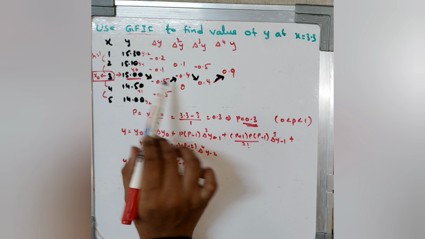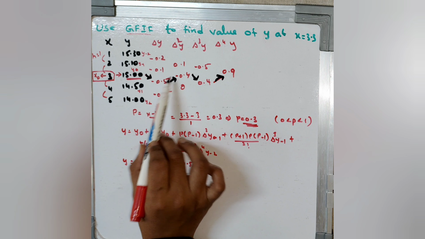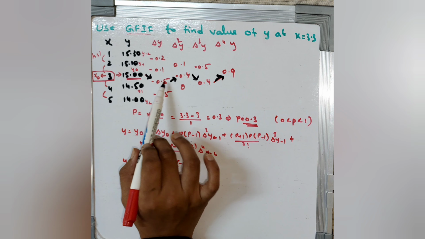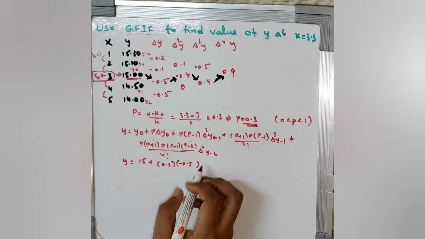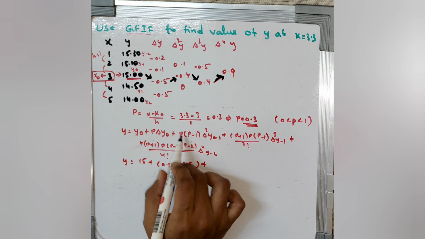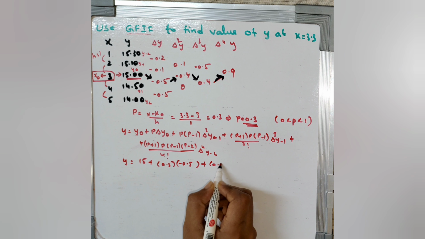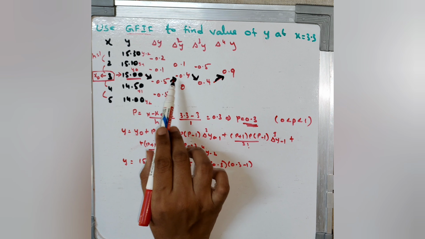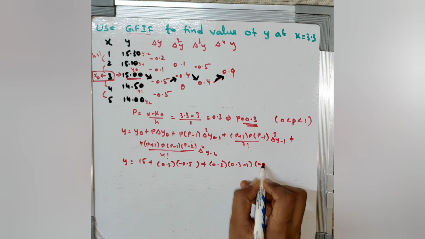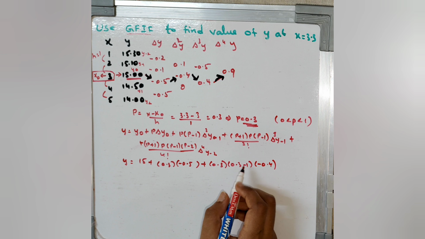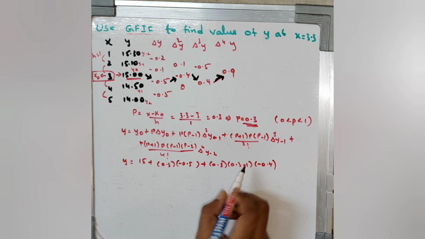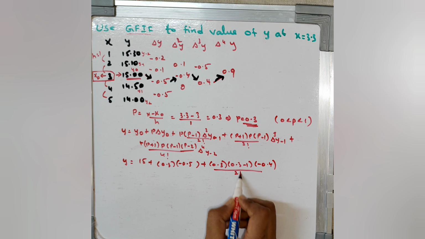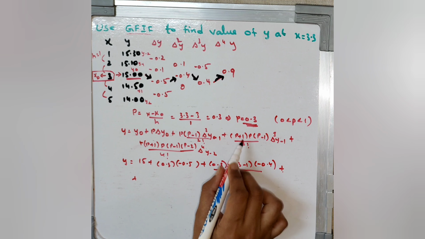Here I have highlighted these values you have to use in this formula. Into 0.5 plus p into (p minus 1), that is 0.3 into (0.3 minus 1) into del square y minus 1, that is minus 0.4, divided by 2 factorial, I think I missed the 2 factorial here, plus (p plus 1).